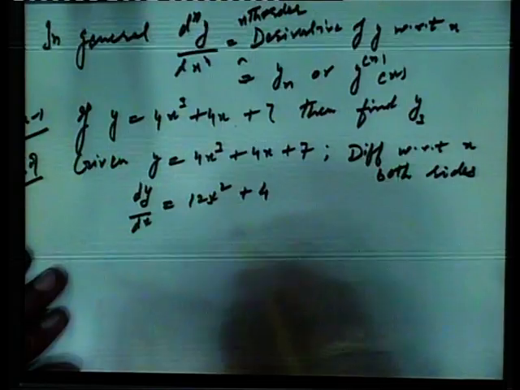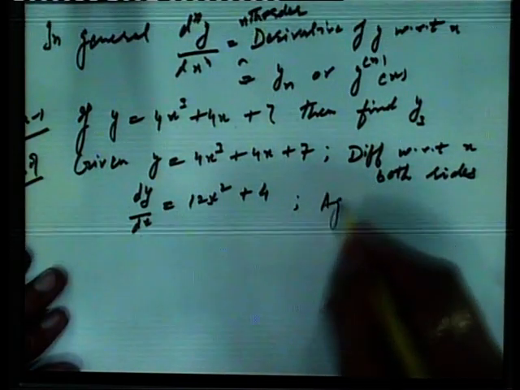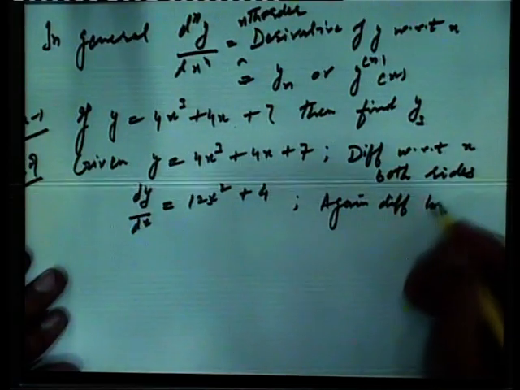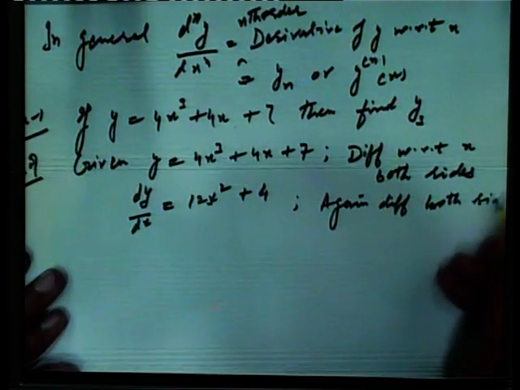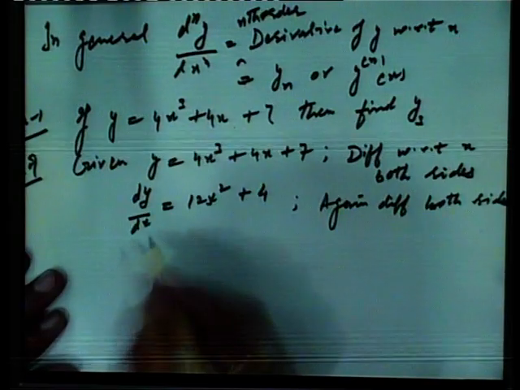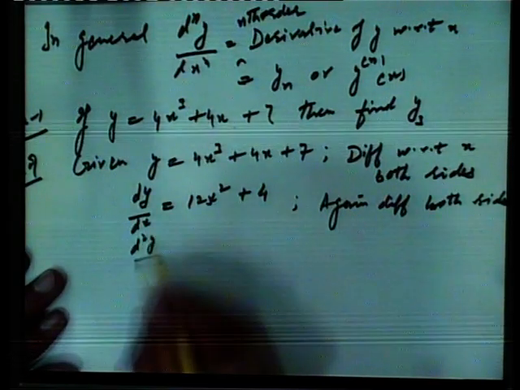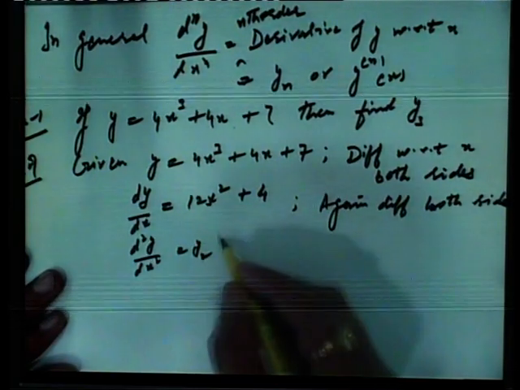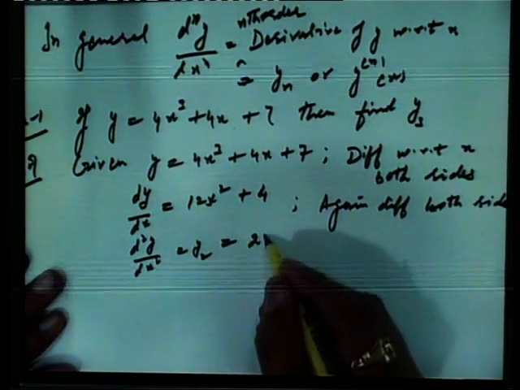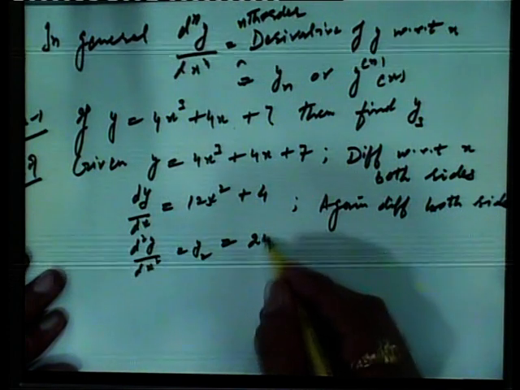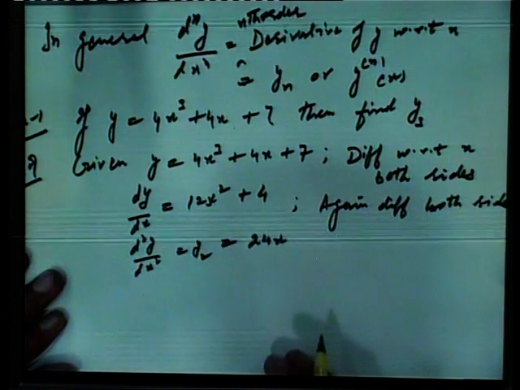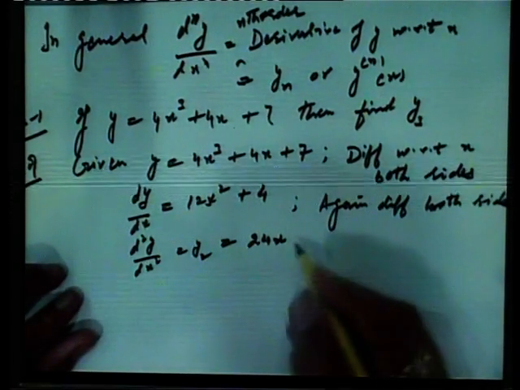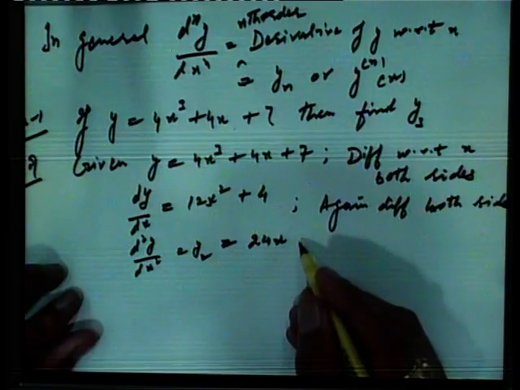Similarly, again differentiate both sides. d2y by dx square, that is y2, is equal to 24x, as you know about x n, differentiation is n x n minus 1, plus the differentiation of constant 4, that is again 0.